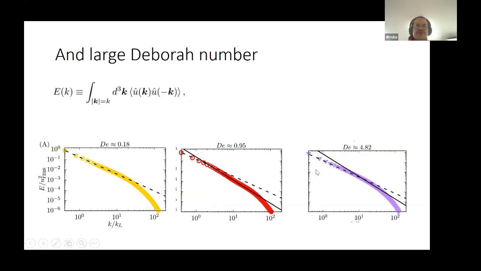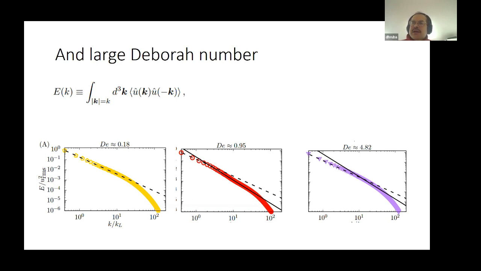And I'm going to show you what we are going to get. Again, we are going to look at the spectrum of velocity fluctuations. And you see now that I am plotting the spectrum as a function of k for different Deborah number.